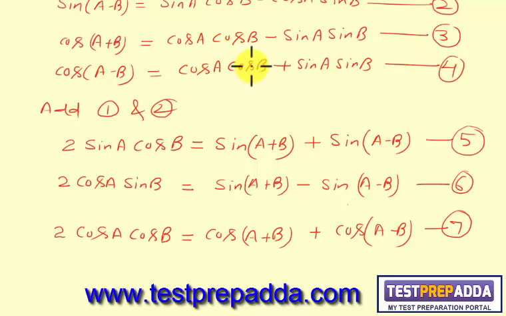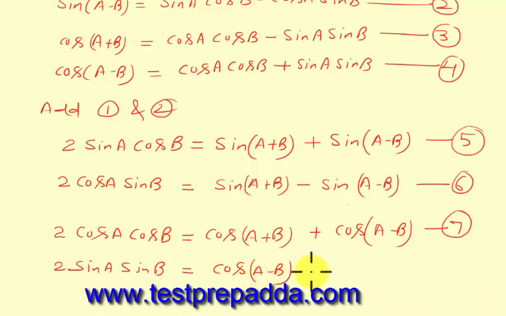In that situation, cos A cos B will get cancelled, and here minus minus will become plus, and this way you will get 2 sin A sin B. So the result comes this way: 2 sin A sin B is equal to cos A minus B minus cos A plus B. Consider this as 8.